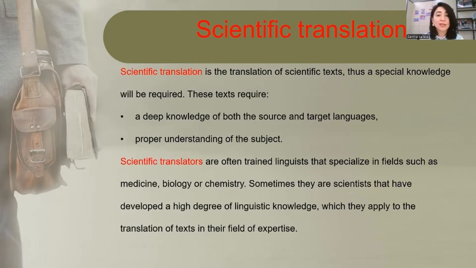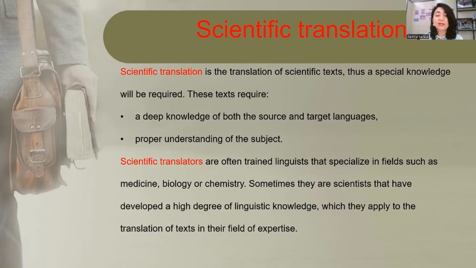So let me give the notion of scientific translation. Scientific translation is a translation of scientific text for which special knowledge is required. These texts require a deep knowledge of both the source and target language and a proper understanding of the subject.